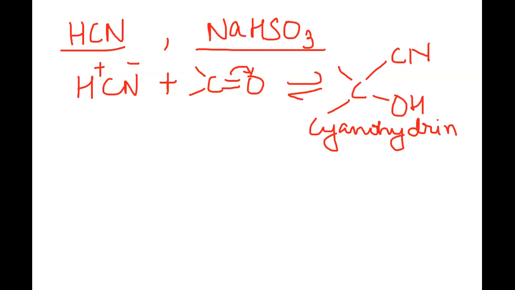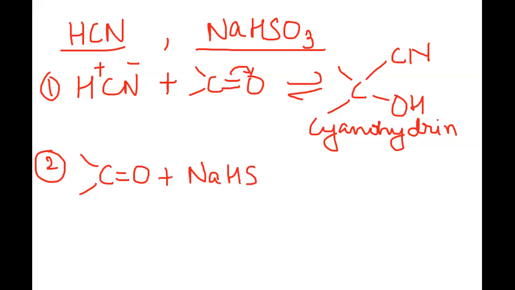Now, the second reaction that you have to do, this is the first reaction, is with NaHSO3. What is this reaction about? The carbonyl group, C double bond O, is supposed to react with NaHSO3, sodium bisulfite. When it reacts with this, it is going to show an addition, just like we saw in the case of HCN, and it is actually going to show a two-step mechanism.